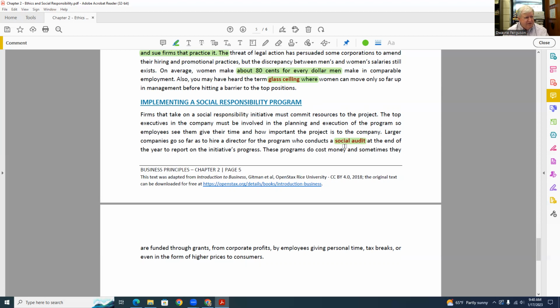But at the end of the year, somebody has to sit down and decide, okay, is this something we need to be involved in next year? And so they do what's called a social audit. They look at how much money they invested in it, how much time it took, who was involved in it, and how many people did it help.